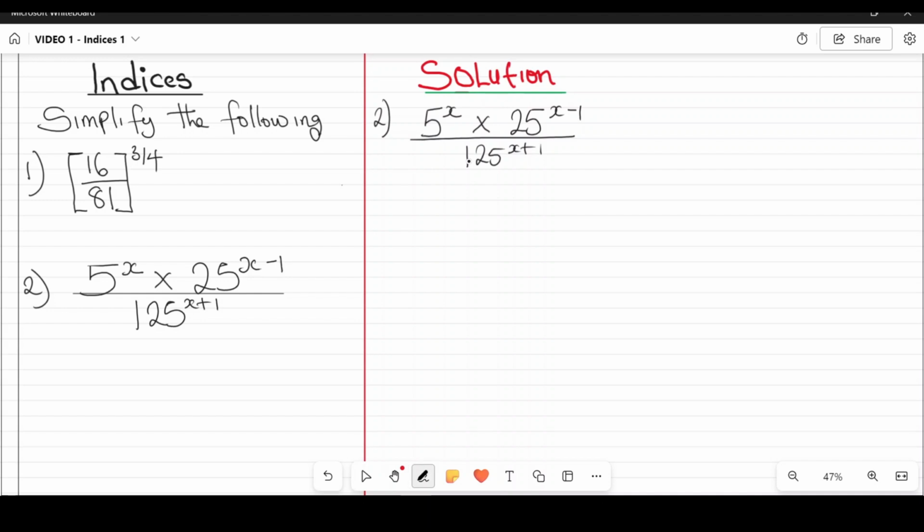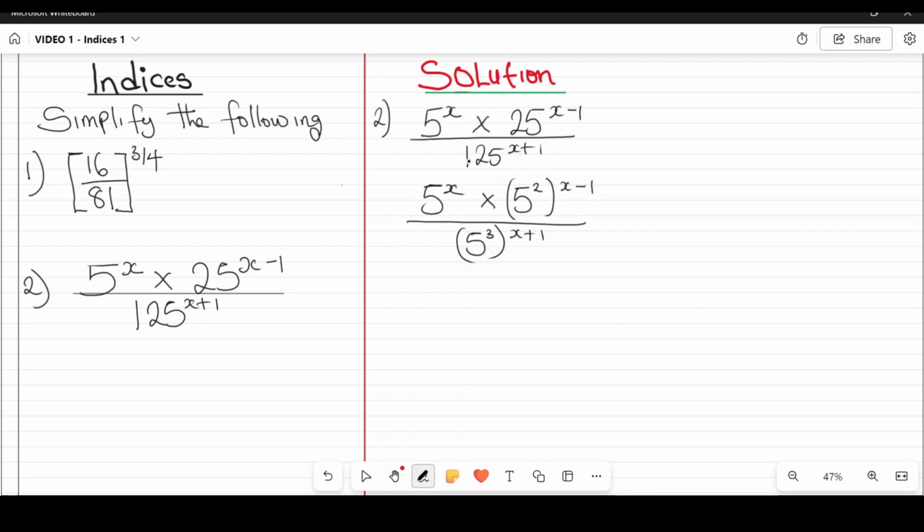So we write that this will be 5 raised to the power of x times 5 raised to the power of 2, all raised to the power of x minus 1, divided by 5 raised to the power of 3, all raised to the power of x plus 1. So at this point, we will have to simplify the index.